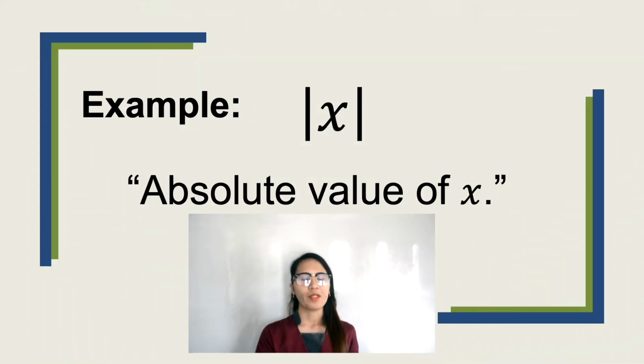For example, we read this as the absolute value of x. So, in evaluating the absolute value of a number, we accept a non-negative result because we are talking about the distance of that number from 0.